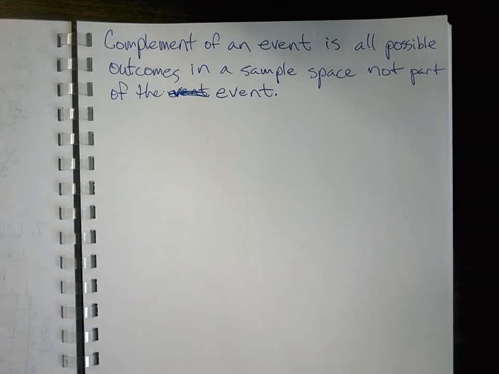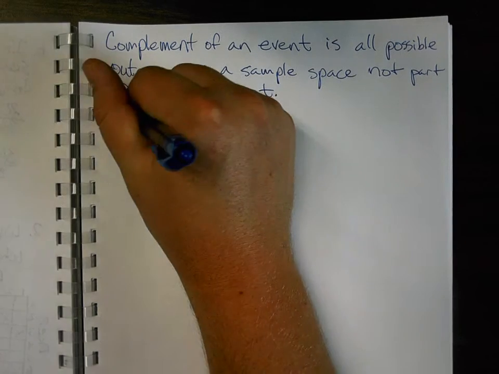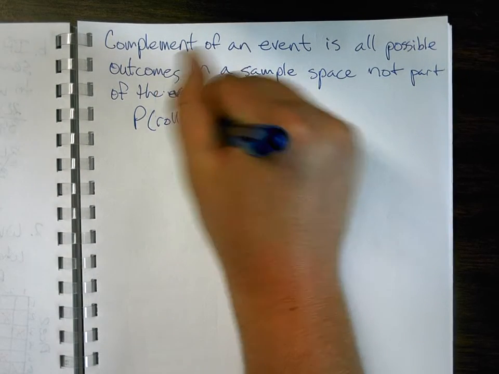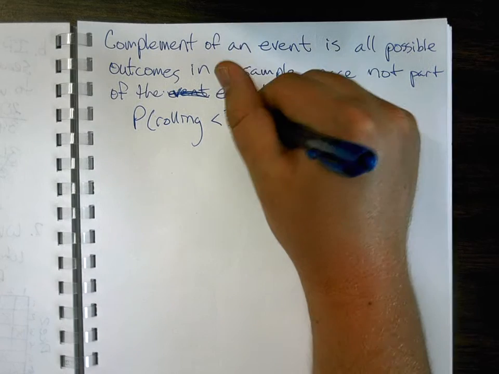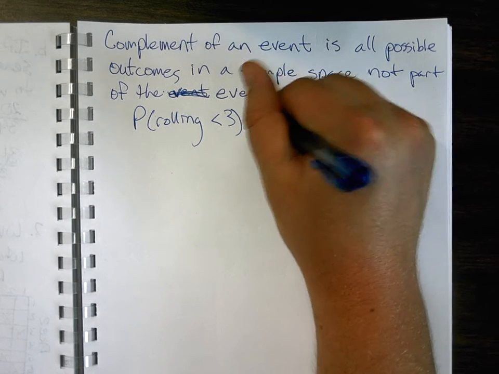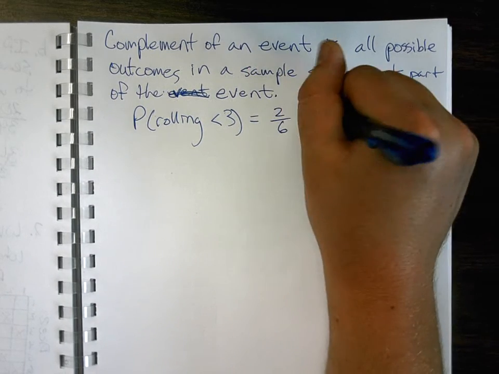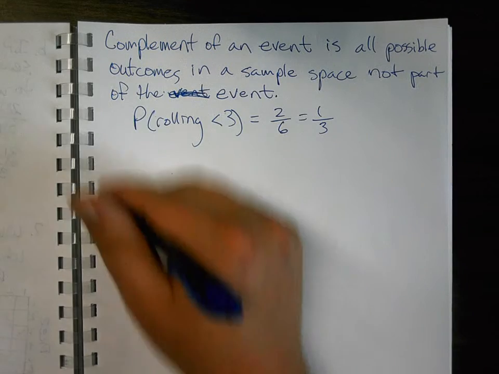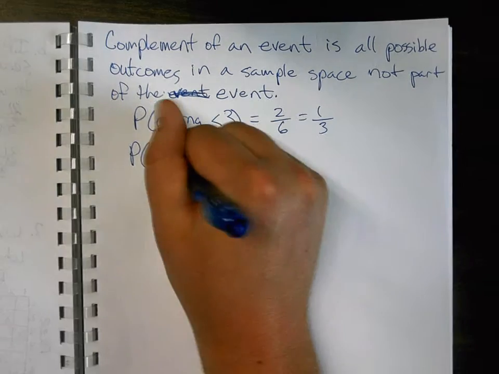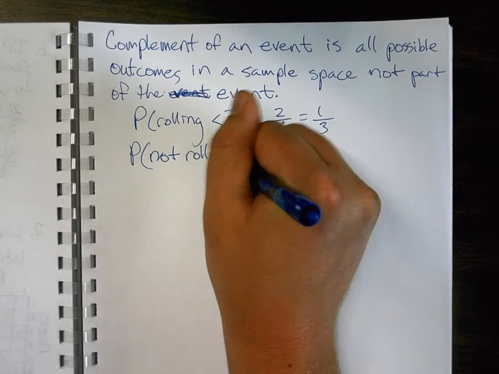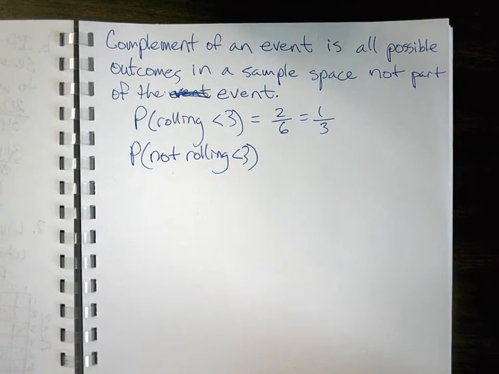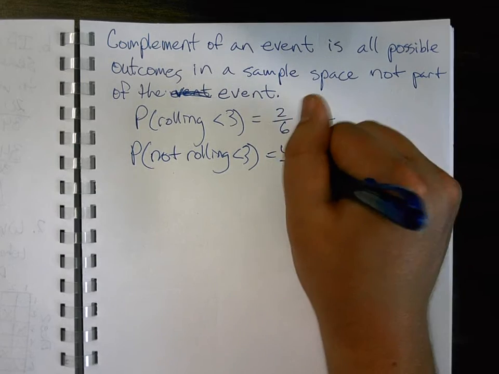So in that sense, my probability of rolling less than 3 on a 6-sided die is 2 over 6, or just 1/3. And my probability of not rolling less than 3, so rolling 3 or higher, is 4 out of 6, or 2/3.